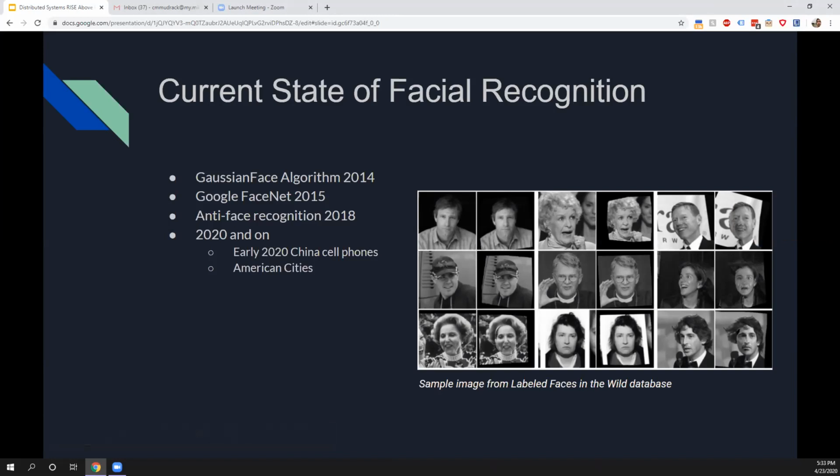So the way the Gaussian face algorithm worked was by first normalizing the two photos by breaking them down into smaller images of 150 by 120 pixels, and then further dividing those up into very tiny 25 by 25 pixel images.